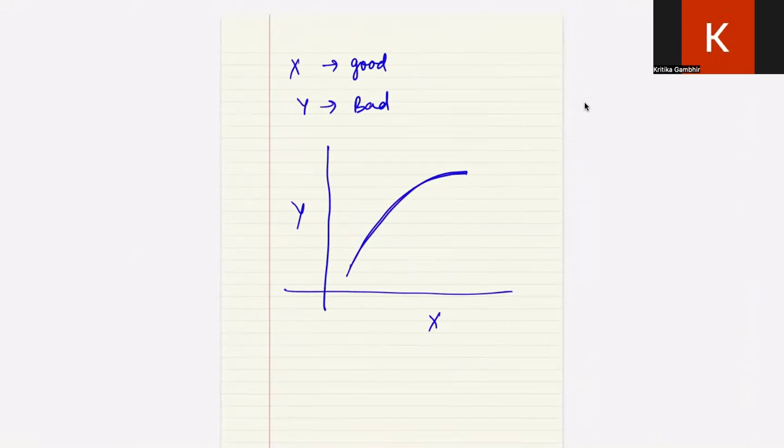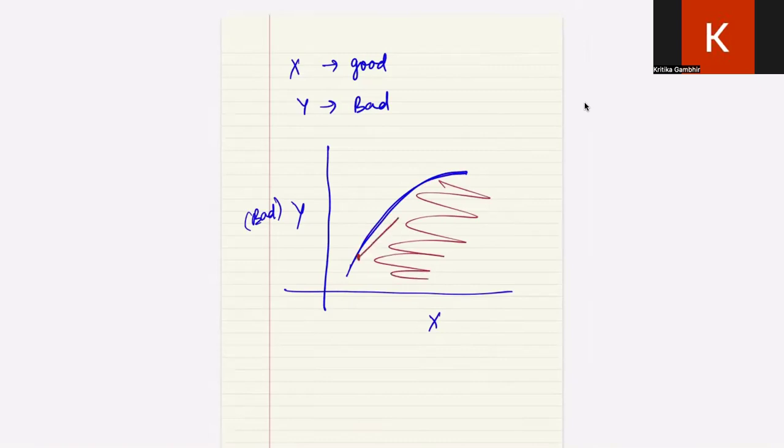And now if I mark the upper contour set under this, what would be the region? See, Y is a bad. So utility increases in this region. So if this is a level curve, this is an IC, and if I have to plot the upper contour set, this would be like this, right?